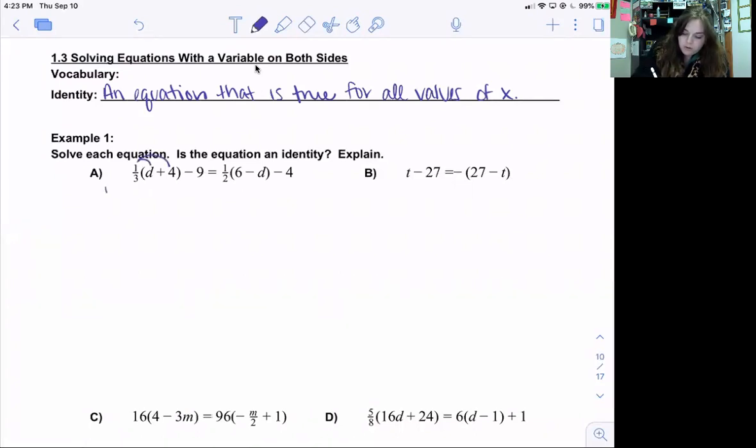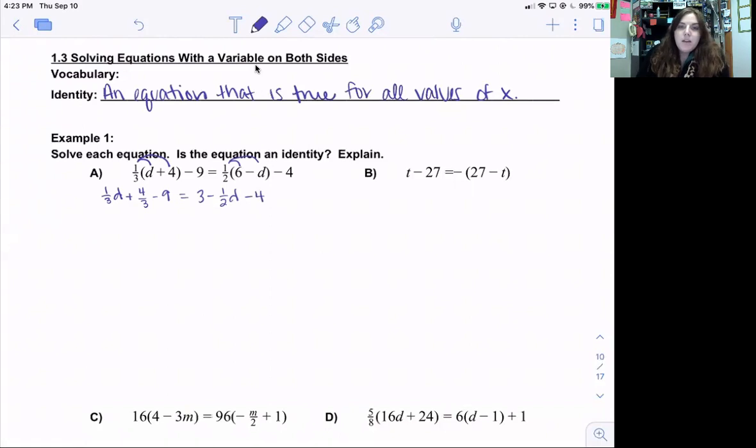So we have 1/3 D plus 4/3 minus 9 equals, distributing again, 3 minus 1/2 D minus 4.